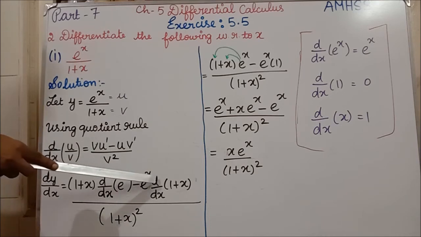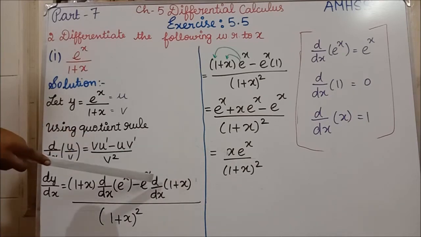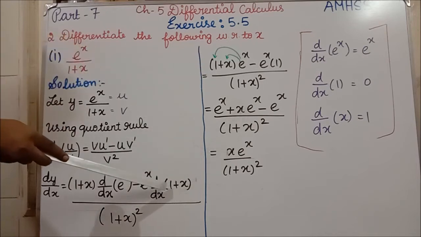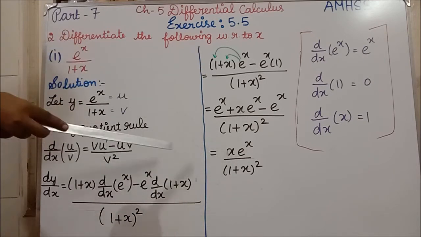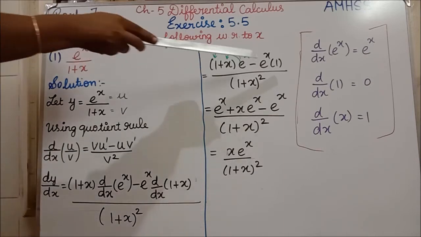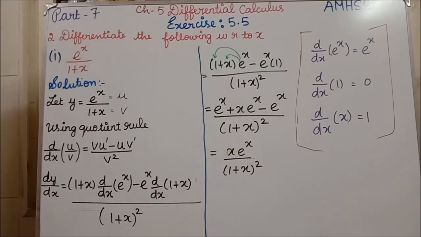Next we are taking the d by dx inside to x. D by dx of x. X if you differentiate you will get only 1. So d by dx of 1 is 0, and x if you differentiate, 1. So 0 plus 1 is what? 1. I have written directly. Clear?